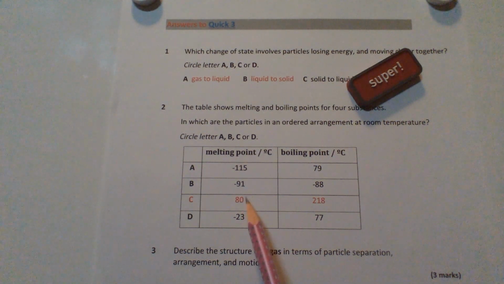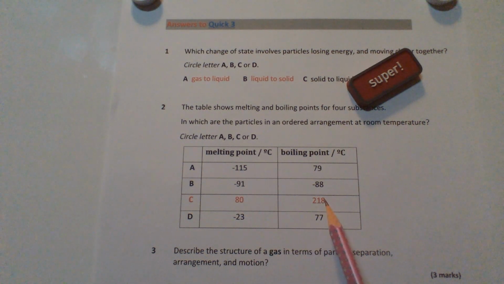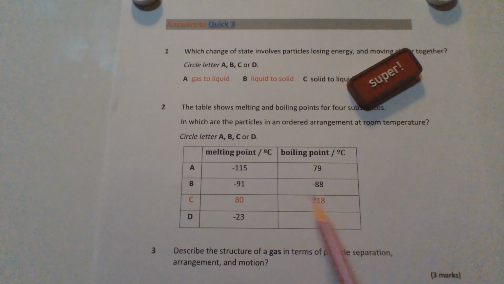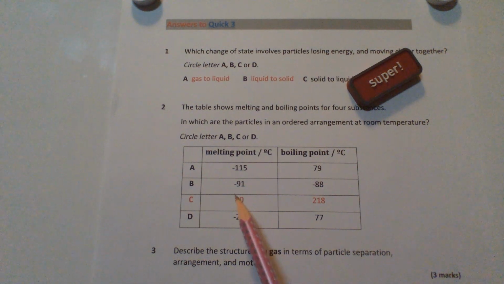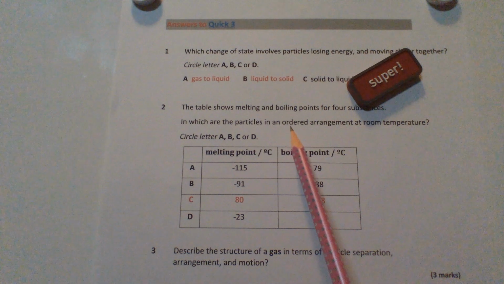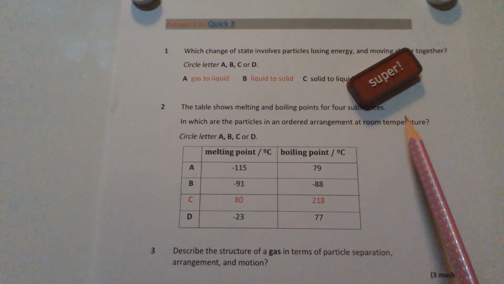So above 80 degrees it's a liquid, all the way up to 217.99, and then above 218 is the boiling point. So anything below this, it will be a solid. And that adds nicely to the part of the question where it said ordered arrangement at room temperature, and room temperature is usually 20 to 25 degrees.